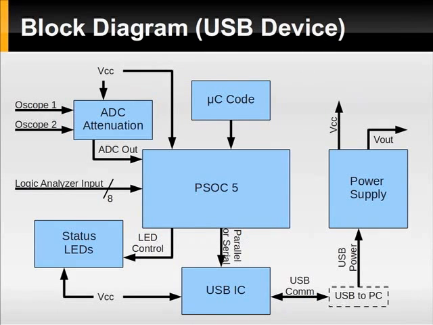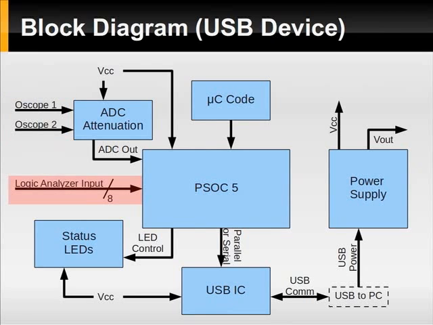The next block that I'll be discussing is the inside of the enclosure, that is the USB device. On the left you can see the two inputs from the oscilloscope probes going into an ADC attenuation circuit. This brings down the voltage of the signals to a readable 0 to 2.5 volts by the PSoC 5.